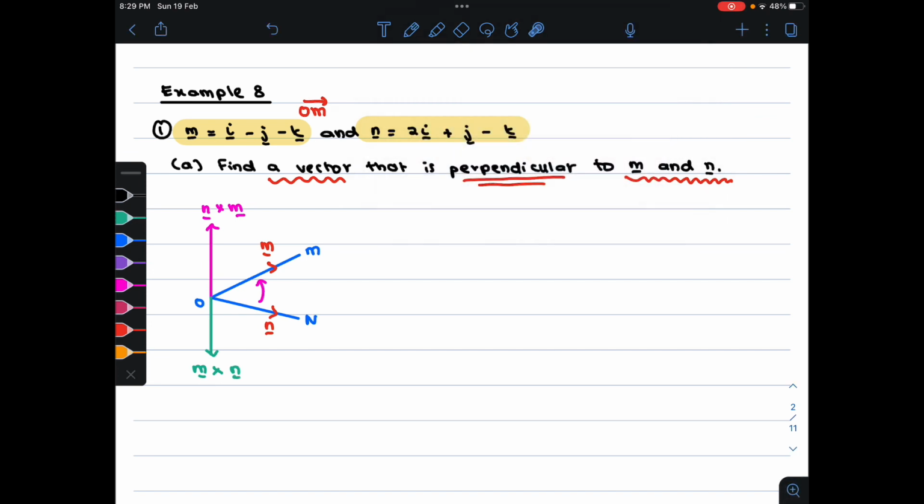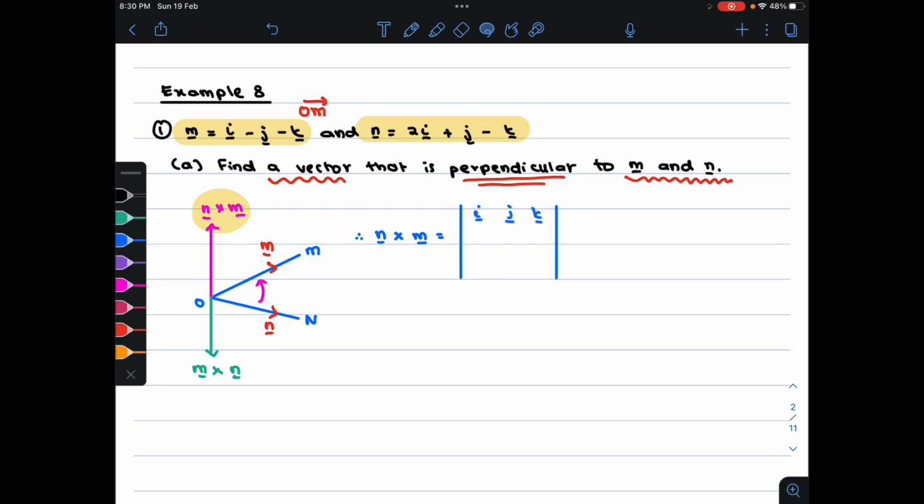However, for this question, we only want one vector that is perpendicular to these vectors. So you need to choose either n cross m or m cross n. So there are actually two answers here. So let's say I want to do n cross m. So we're going to do the determinant for 3 by 3.